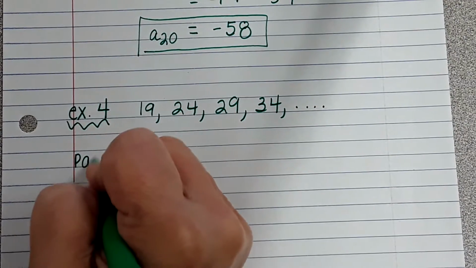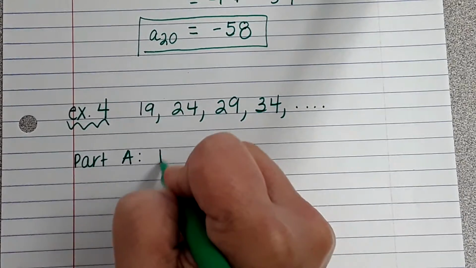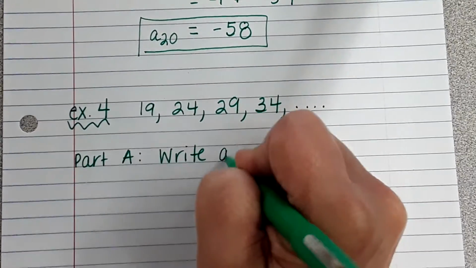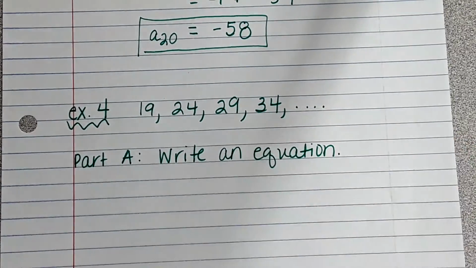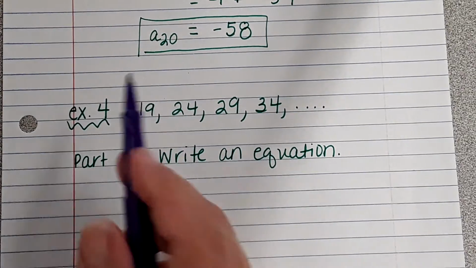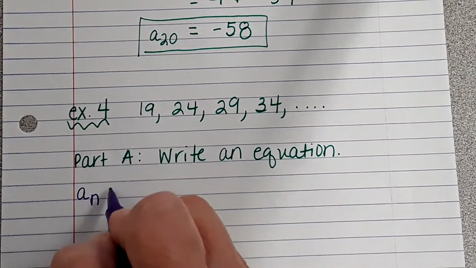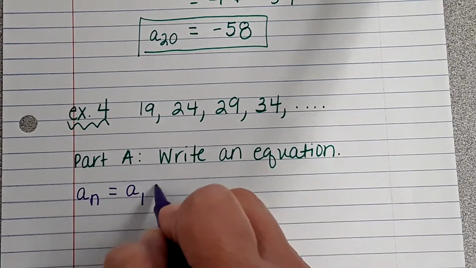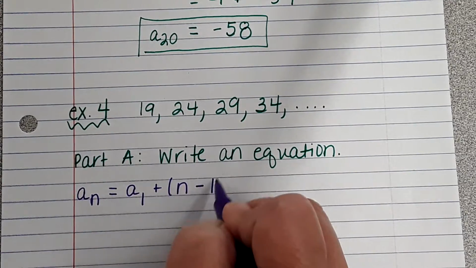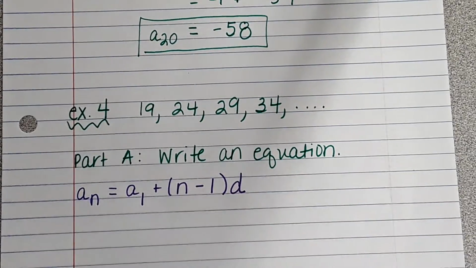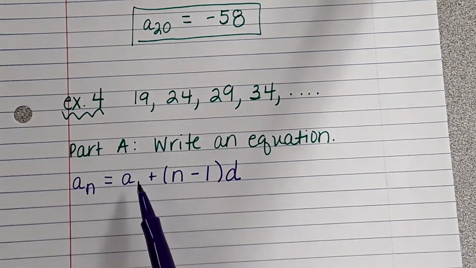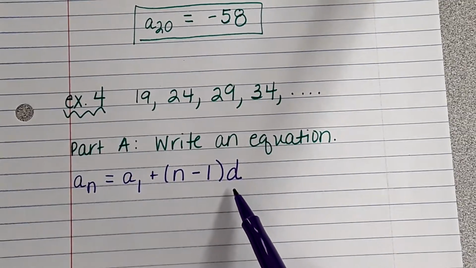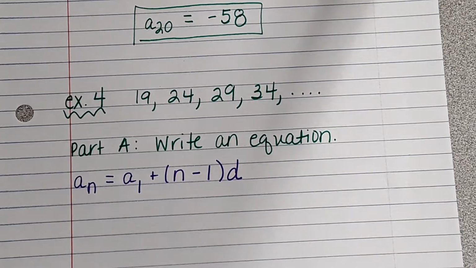Part A is write an equation. Here is the equation, I always write the equation. What we need is A1 and D, because we're not going to find An yet.